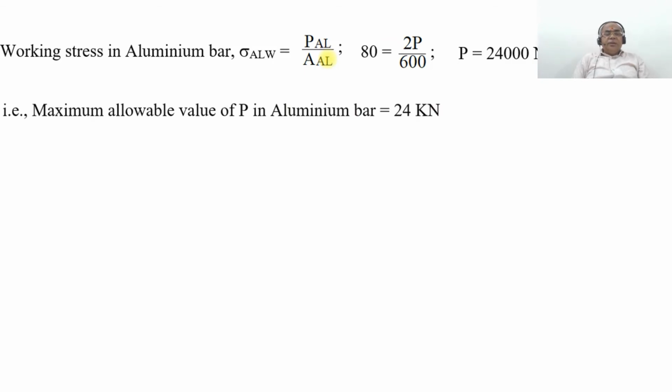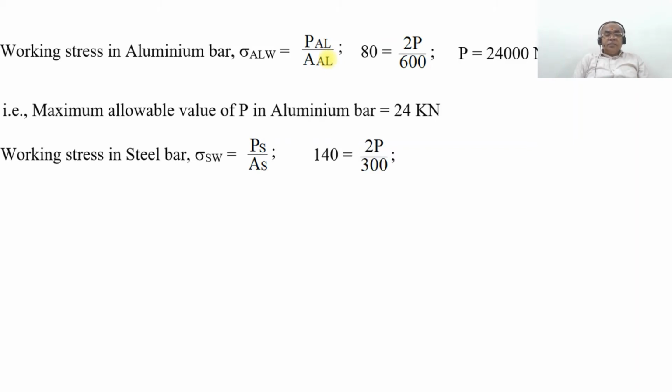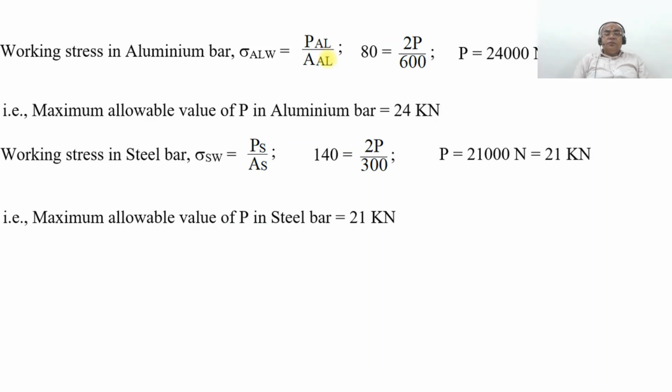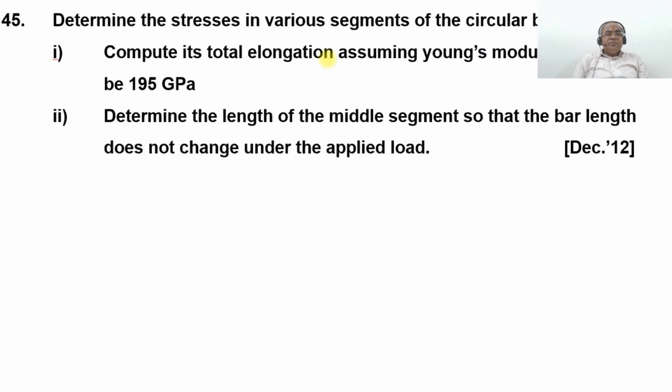The working stress in the steel bar, sigma SW, is PS by AS, so 140 equals 2P by 300. So P will be equal to 21,000 Newton, which is 21 kilonewton, the maximum allowable value of P in the steel bar.